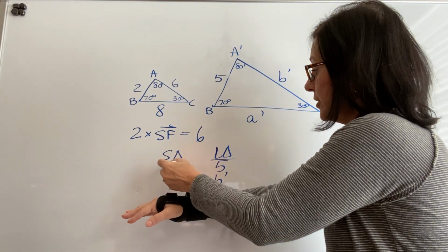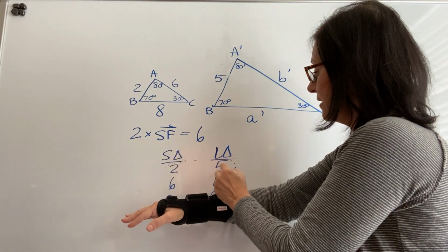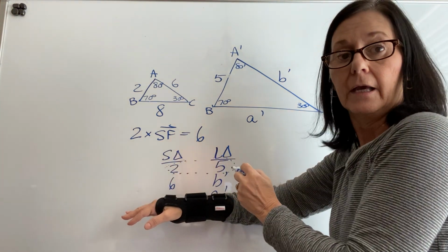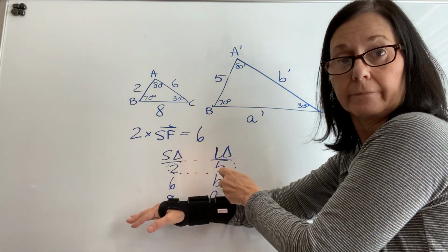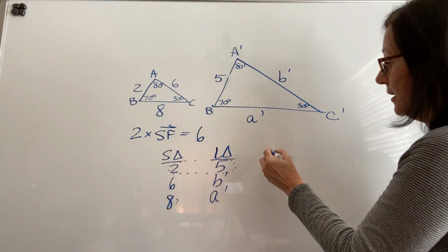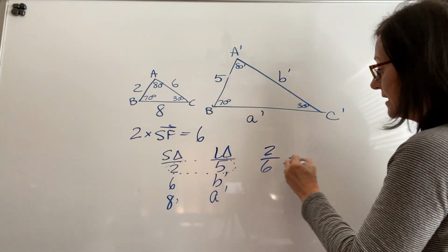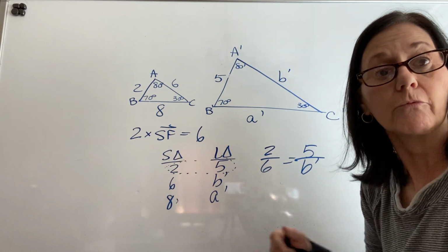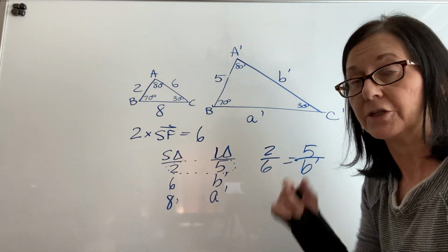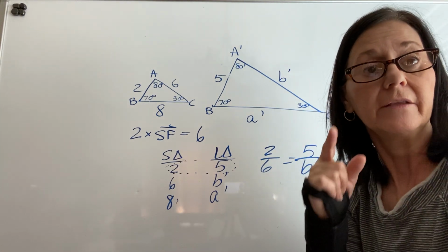I'm always going to use the two values that are given. So I'm going to write a ratio: 2 over 6 equals 5 over B prime. Once I have a ratio equaling a ratio, this is the only time you can use cross multiplication.